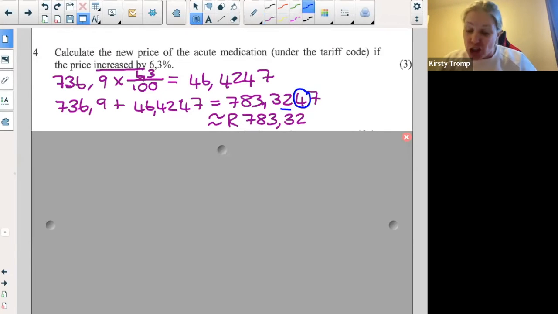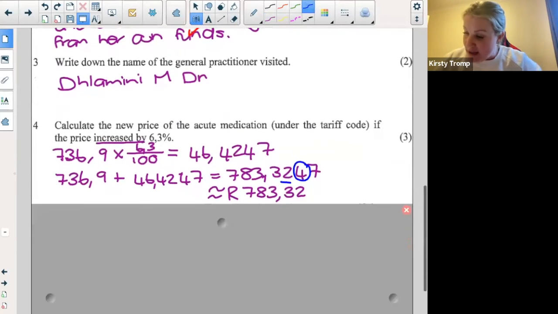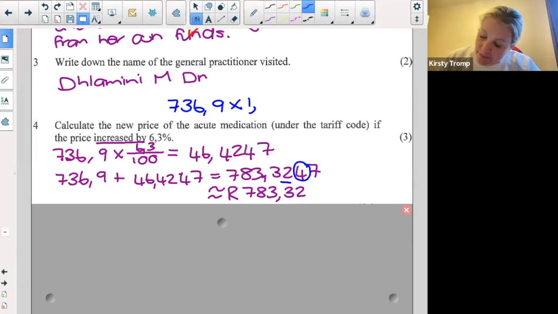Guys, a very quick cheat way to do it in maths: when I want to increase something in finance or in maths or in accounting, you say 736,9 times by 1,063, because my percentage is 6,3.